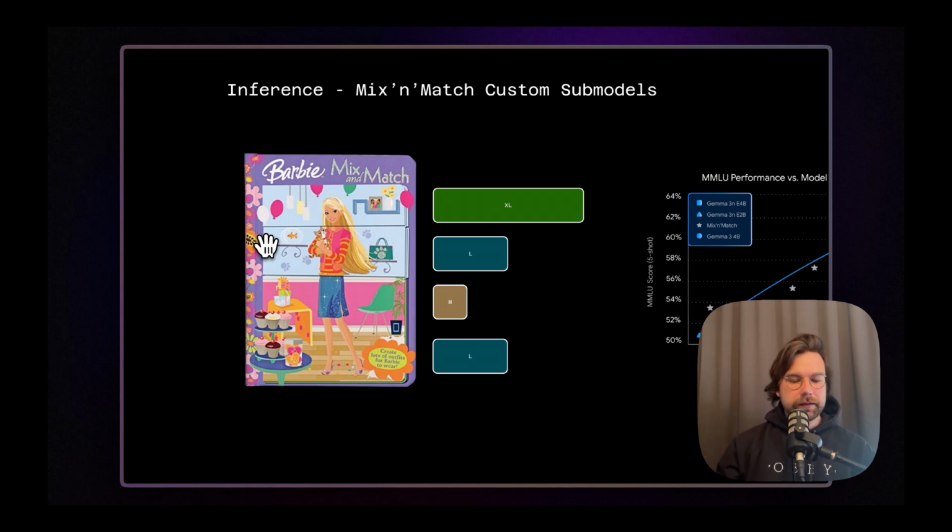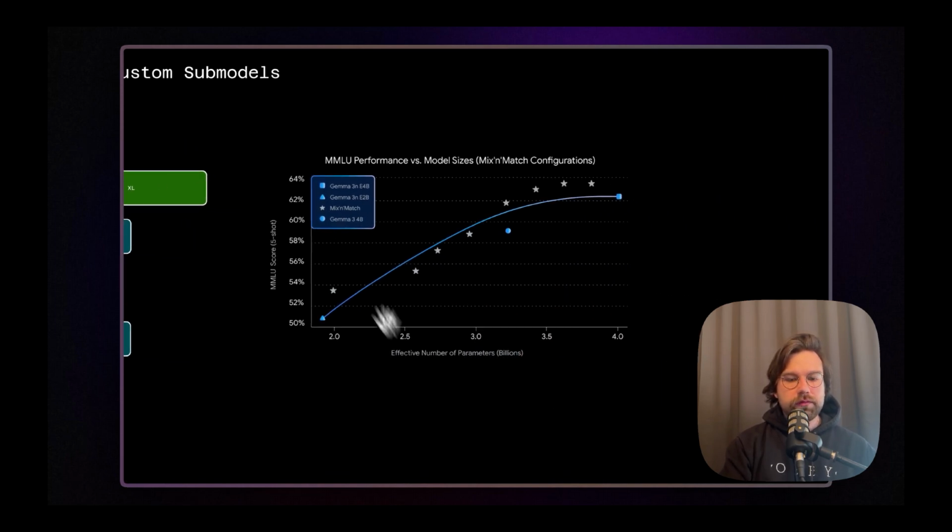And for the next layer, you can choose L size again. It doesn't really matter because the model is, during training, optimized to work with any size of the embeddings. And this is actually what is able to generate this graph right here. So we can mix and match different embedding sizes, and for different sizes of the model, we are able to achieve different performance.